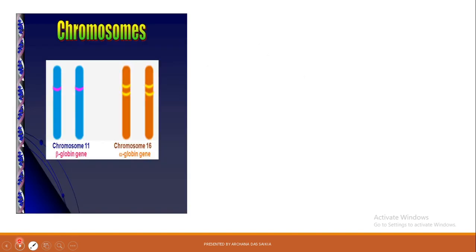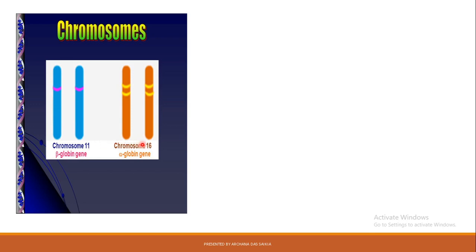So here now let us go further into it. Chromosome number 11 and chromosome number 16 in our body, the pair of chromosomes, carry the genes responsible for formation of hemoglobin chains. Chromosome number 11 has the beta globin gene.